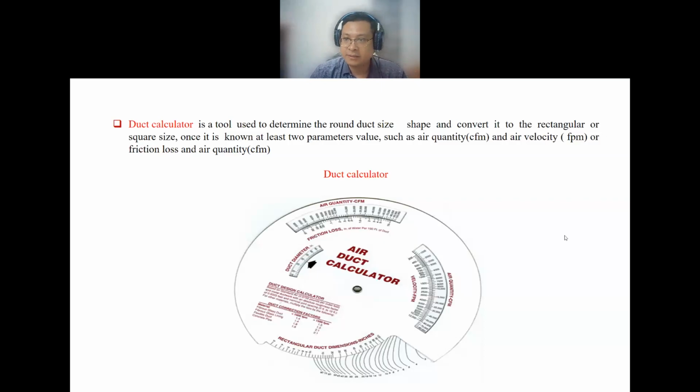Once you match here by your design, you can see which line is matching. This one is the rectangular, side by side. So for example, which line is matching? This one is width 50 inch by, I think, 70.